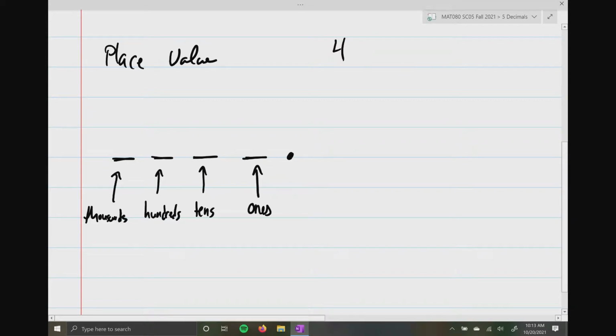Now, on the right-hand side of the decimal, it follows the same exact naming convention. On the right-hand side of the decimal, you have tenths with a THS. So this THS tells me this is to the right of the decimal point. So what do you think the next place value would be then?